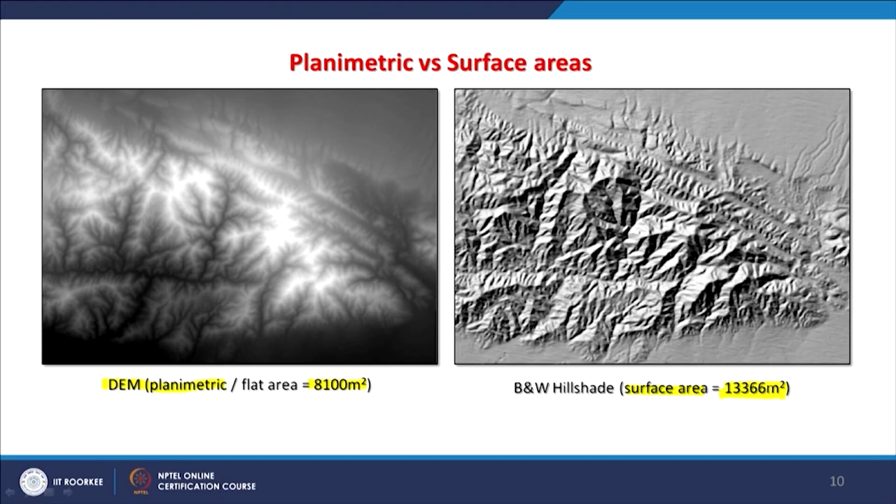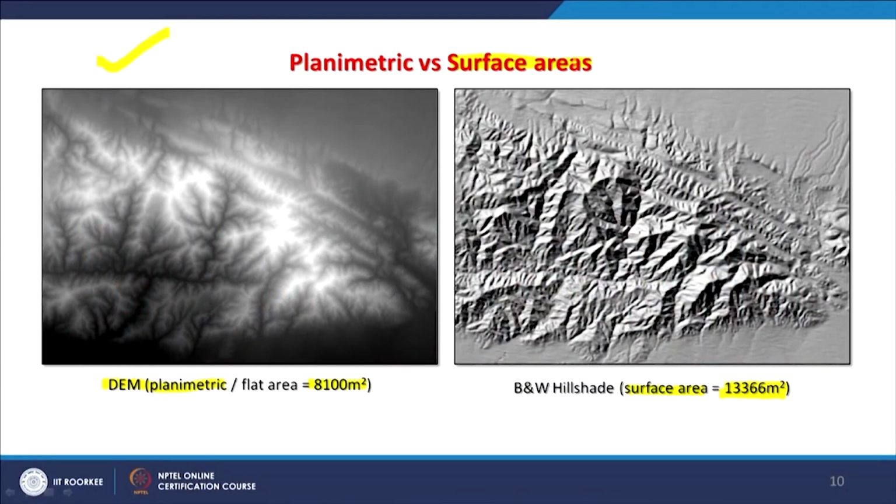So, based on a simple digital elevation model which is in planimetric presentation, or survey topo sheets, if I make estimations about sediment supply from a basin, or flow conditions, or erosion, or snow melt, then I am grossly underestimating these values.